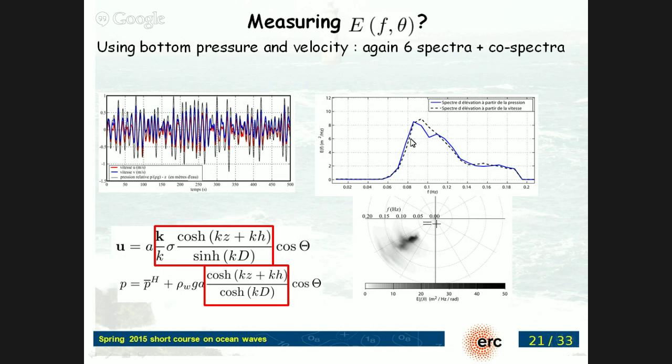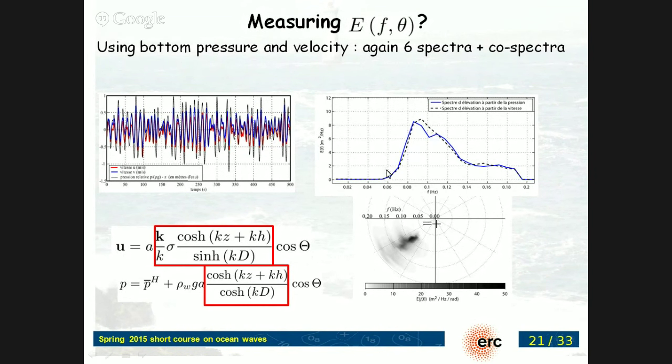The blue is a spectrum from the pressure, and the dashed is a spectrum from the velocity. And to get from the velocity and the pressure to the surface amplitude A, I use this transfer function. If it's a spectrum, you have the transfer function squared. It's just an example of showing that you can actually compute the surface elevation from the pressure or the velocity at the bottom.